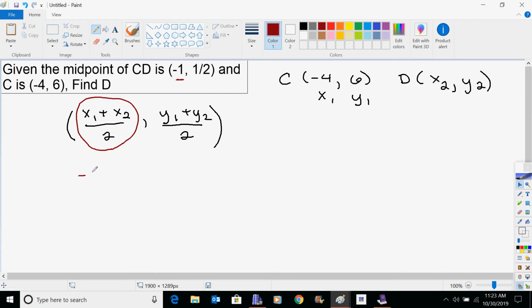So -1 equals x1 plus x2 over 2. So what number do we know from this? Go ahead. The -4 goes in here. All right, so -1 equals (-4 plus x2) over 2.